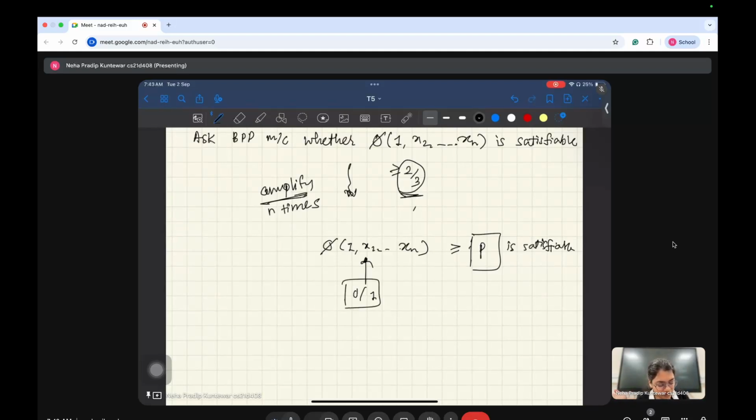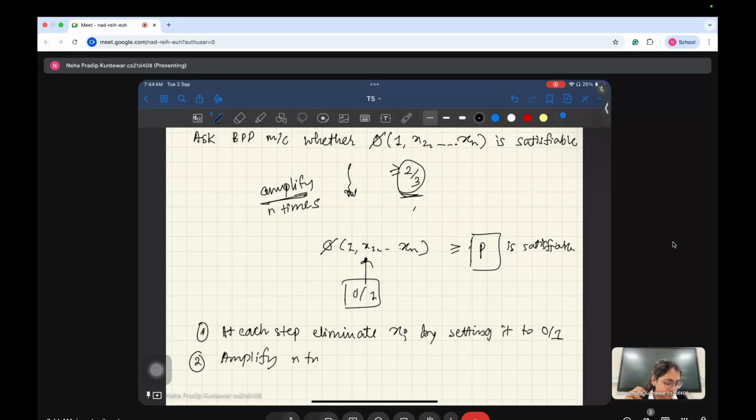So at each step, substitute or eliminate one variable xi by setting it to a 0 or 1, and in the next step we are going to amplify n times and repeat this until all the variables have been set.